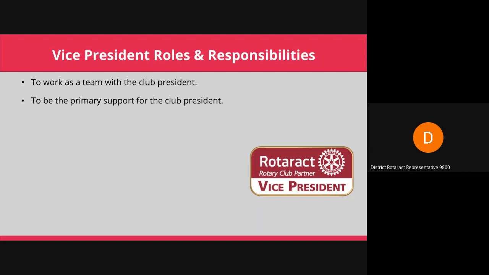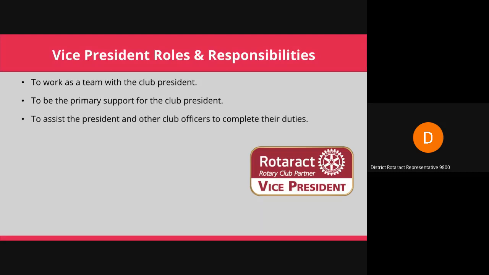This could be supporting them through their vision and goals for the year. It could be supporting the president if they are stressed and need someone to talk to, share and workshop ideas together, or working with the president if there are any conflicts in the club.